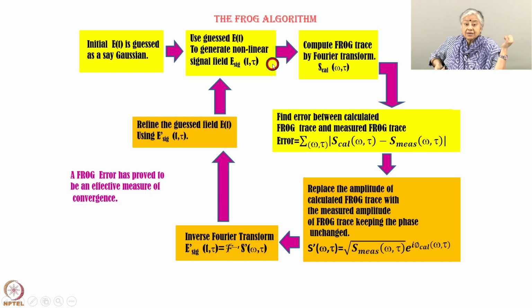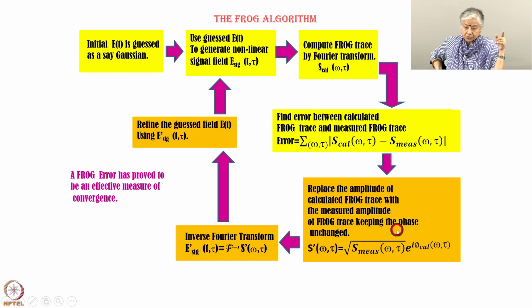Now, in your second iteration, has your error increased or reduced? If it has reduced, definitely you are going in the right direction. So, again I go ahead. I assume that my error has reduced. So, again I repeat the same thing, replace the amplitude of the calculated frog trace with the measured amplitude of the frog trace, keeping the phase unchanged.